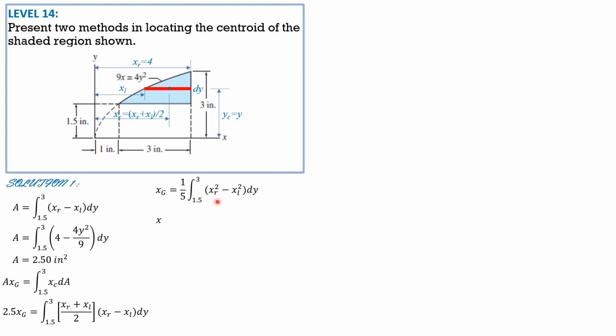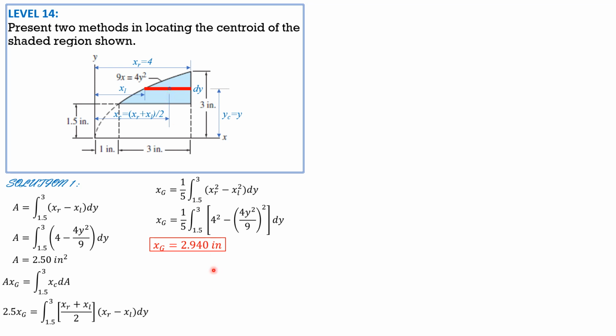Substituting the value of right x, which is 4, so 1/5 integral from 1.5 to 3 of quantity 4 squared minus quantity 4y squared over 9 squared dy. And using your high-tech calculator, we can now evaluate x sub g, which is equal to 2.940 inches. So it makes sense, that's about here.